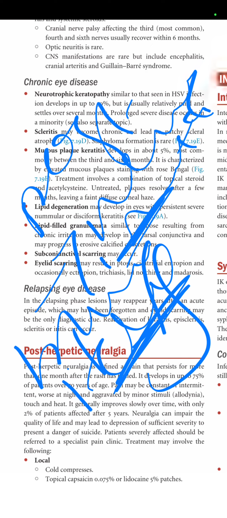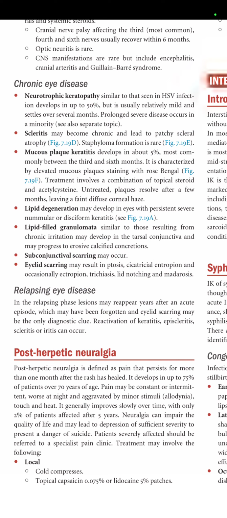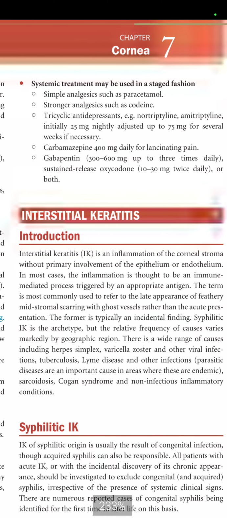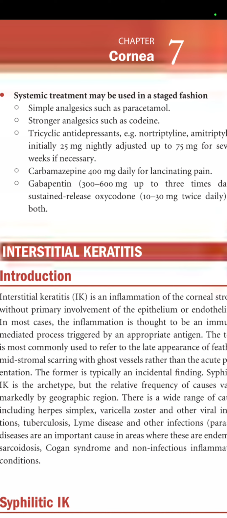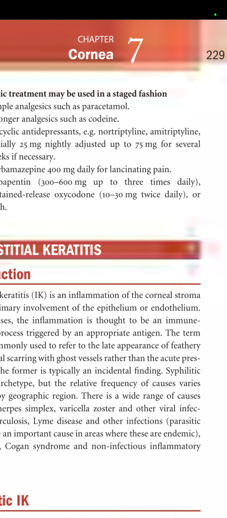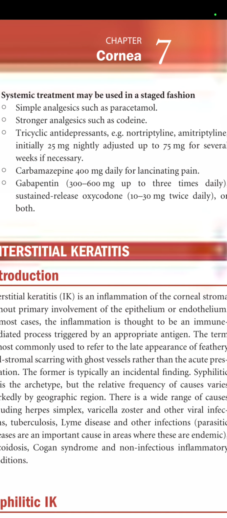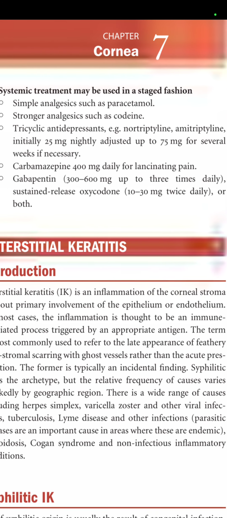So what is the treatment? Local: cold compresses, topical capsaicin 0.05% or lidocaine 5% patches. Systemic treatment may be used in a stepwise fashion. Simple analgesics such as paracetamol, stronger analgesics such as codeine, tricyclic antidepressants, for example nortriptyline or amitriptyline, initially 25 mg nightly, adjusted to 75 mg over several weeks if necessary.